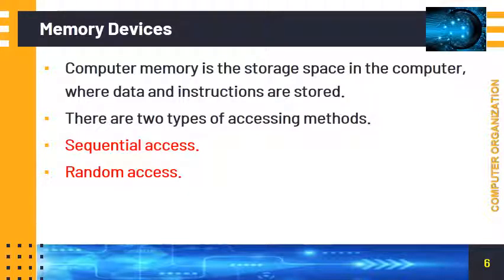In sequential access, the memory is accessed in an orderly manner, that is from start to end. Whereas in random access, we can access the data randomly. So it is just the opposite of sequential access.